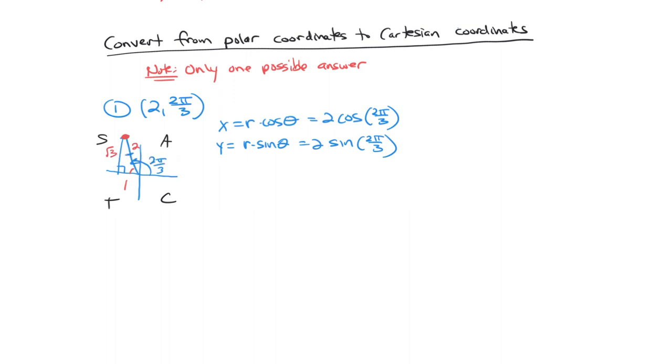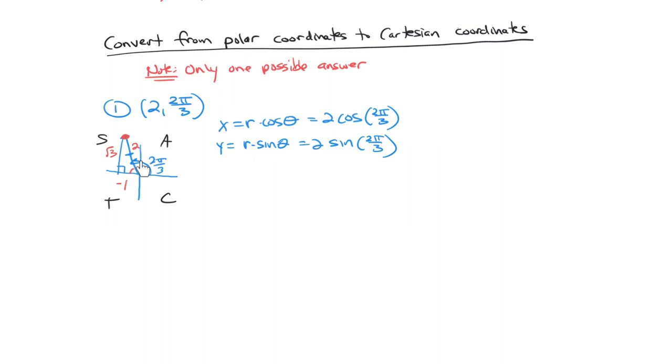And then some of you were taught this way. When you think of this one, you think of this one as being a negative one. Because really this point here is the point -1, square root of 3. Just do however you were taught. Some of you were taught to think of this one as a -1.